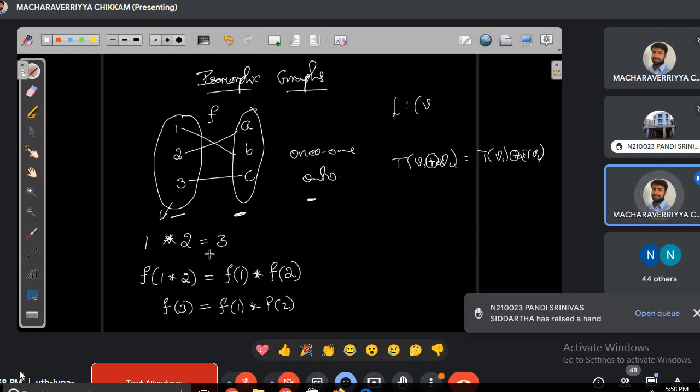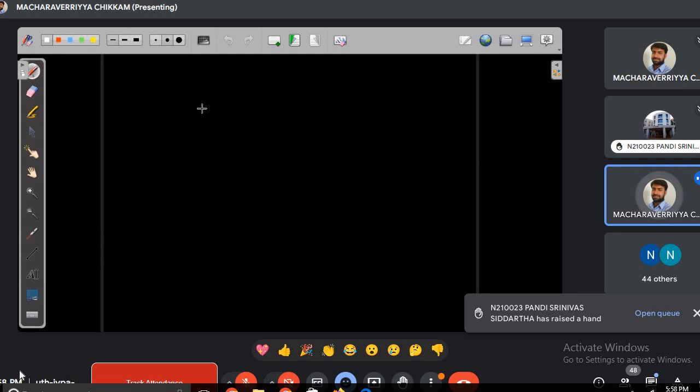Okay, so when it comes to graphs, the elements you can take are vertices. Now between vertices what do we have? For example, if I take a graph, I'm taking a simple graph. So this is a graph, right?